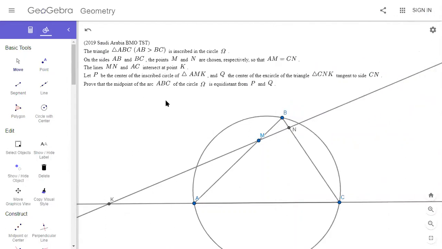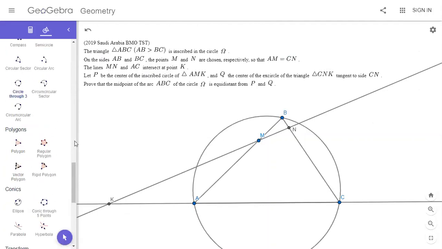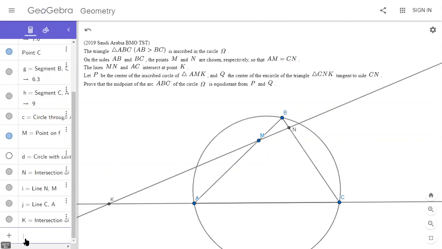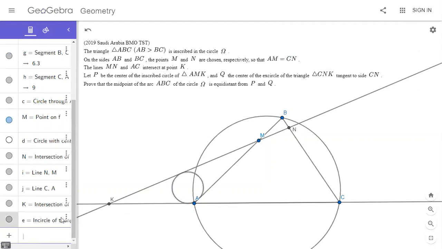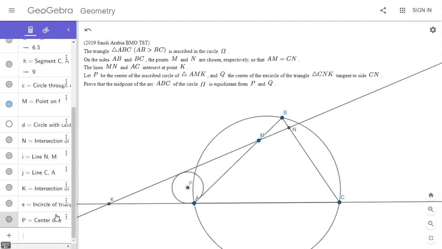P is the center of triangle AMK, or the center of the inscribed circle. Okay, so basically, and Q is the excenter of triangle CNK, tangent to CM.